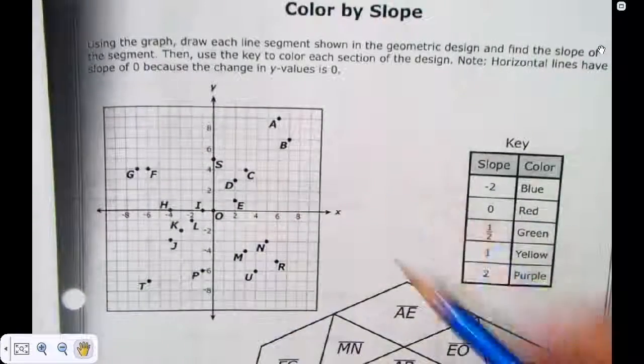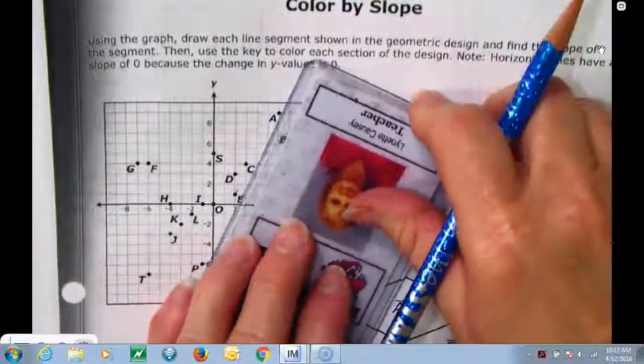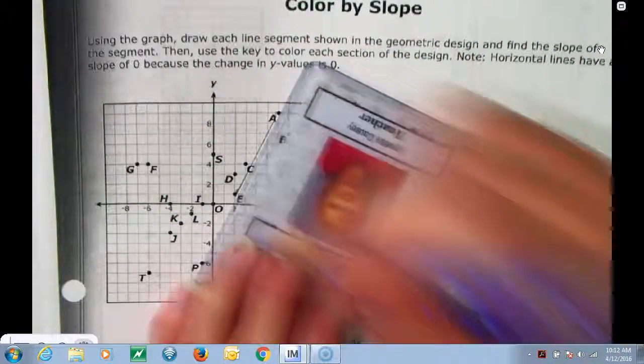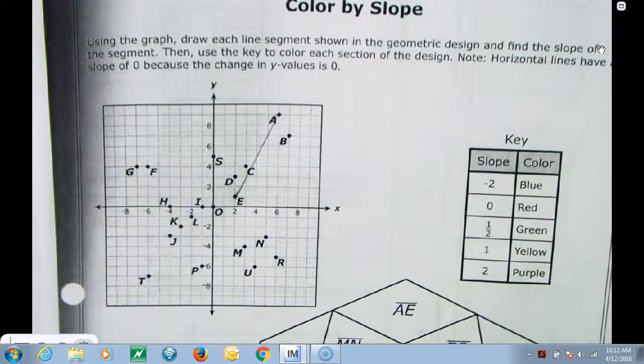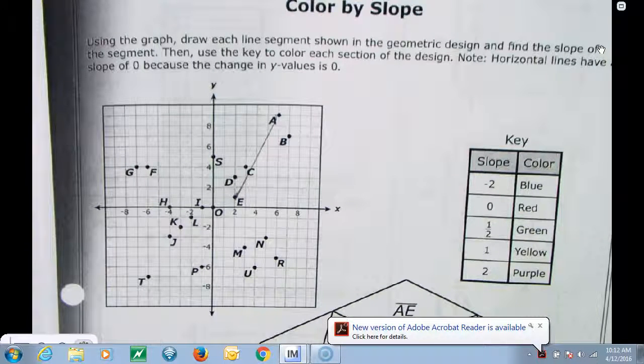We're going to draw a line from A to E. Use your ID. A to E. Lightly, so when you erase it won't be messy. Okay, we're not getting the distance. If I was getting the distance, I would have to do what? Pythagorean theorem, make a right triangle.